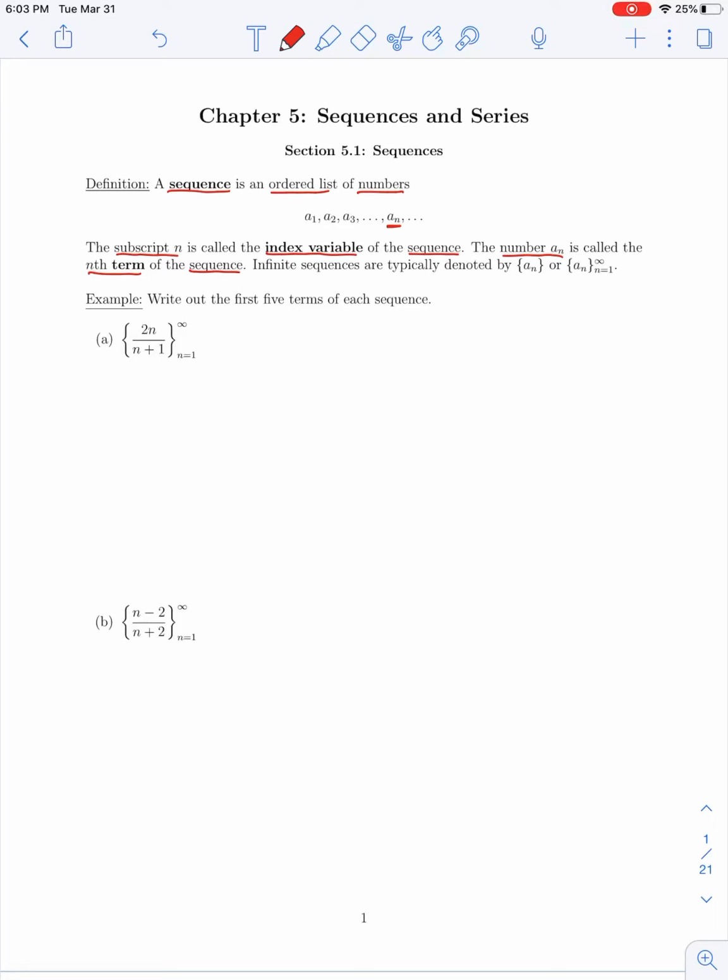So these different numbers are the terms of our sequence, and the one that has a subscript of n is called the nth term. So A1 is the first term, A2 is the second term, A3 is the third term, and so on.